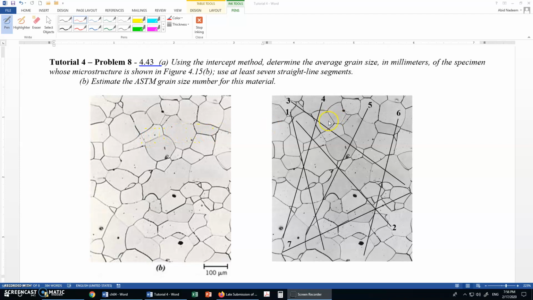Anyway, you need to draw at least 7 straight lines, and there is no specific pattern in which you should draw them. Rather, distribute them randomly.